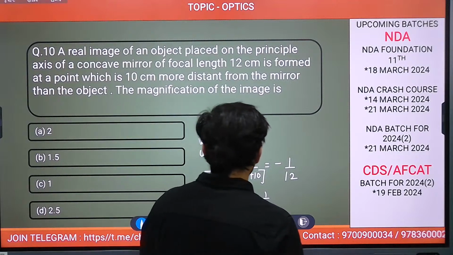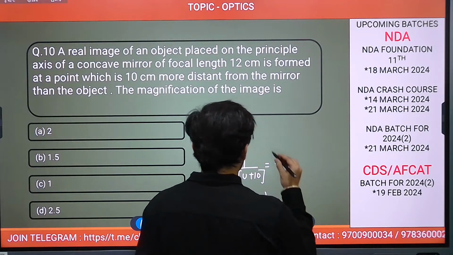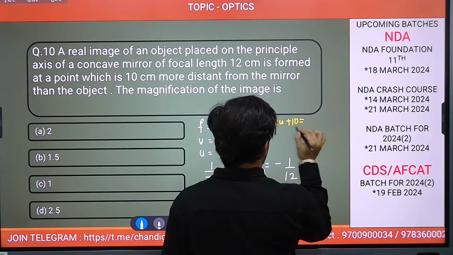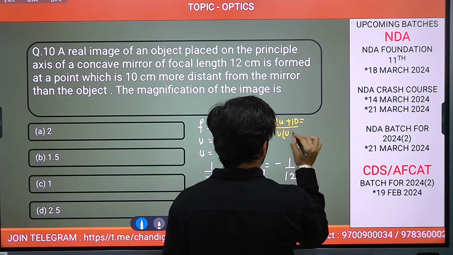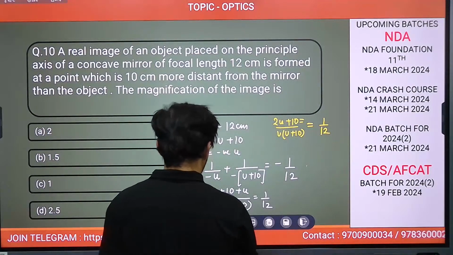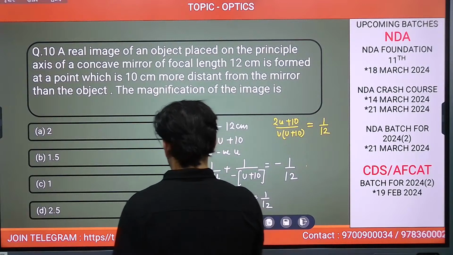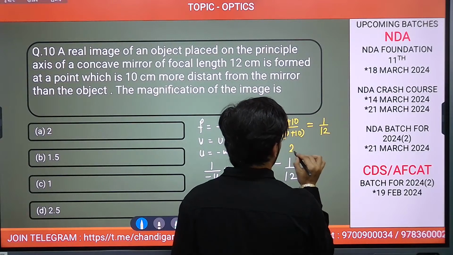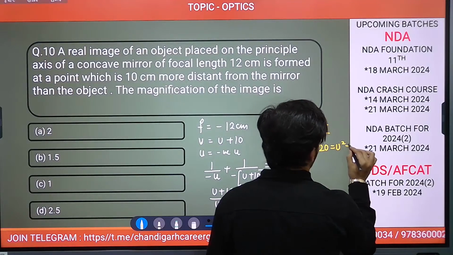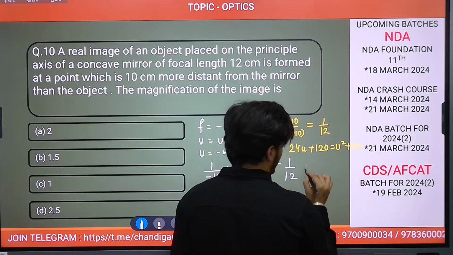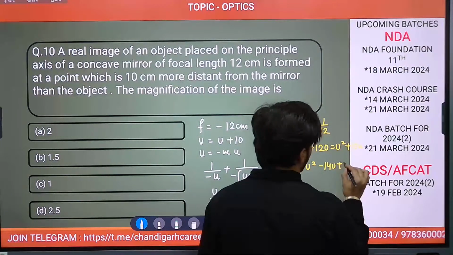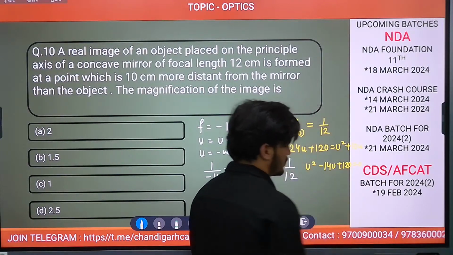Then what we will do, the cross multiplication. कितना आ जाएगा (2u + 10)/(u(u+10)) = 1/12. तो क्रॉस मल्टीप्लाई: 24u + 120 = u² + 10u, कितना आ जाएगा u² - 14u + 120 = 0.